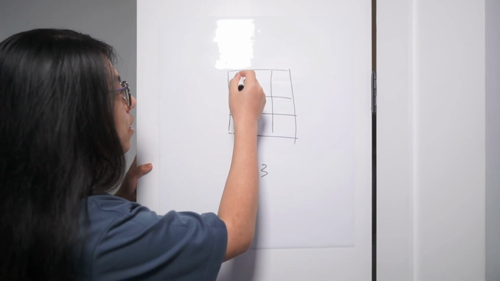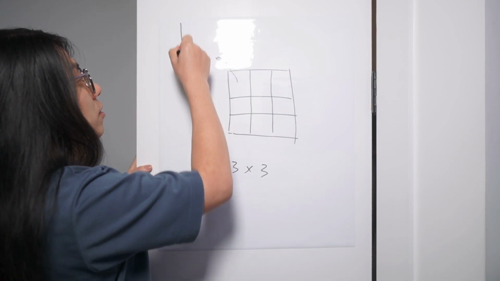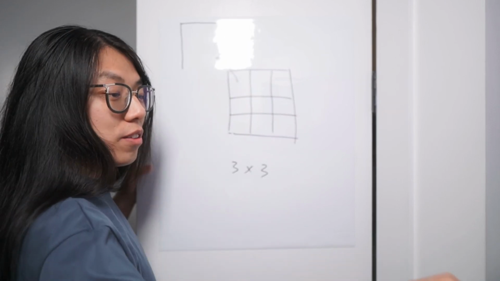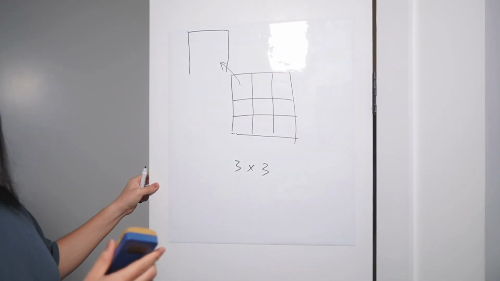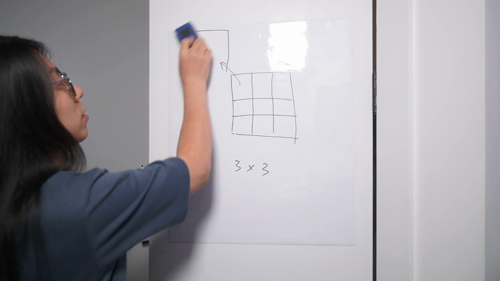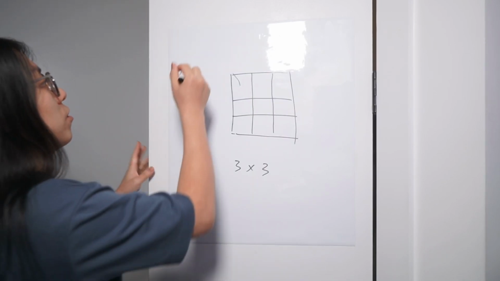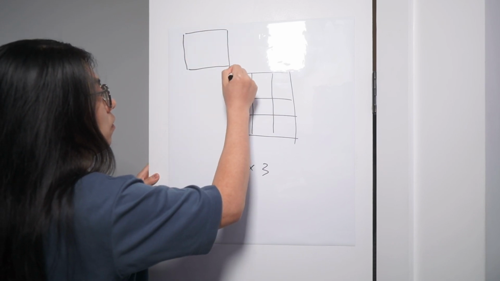Let's create a bigger version of the pixel. You can probably see it now. It's easier to see.